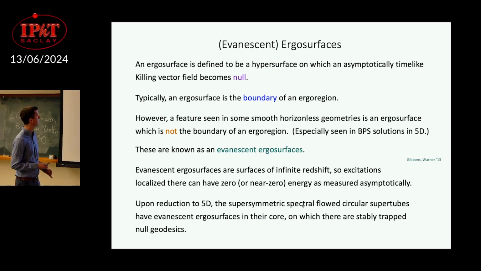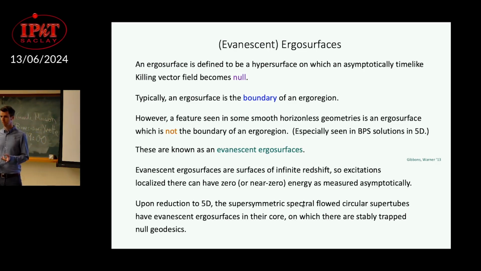However, an important feature of many smooth horizonless microstate geometries is that they have ergo surfaces which are not the boundary of ergo regions. They're just loci deep inside the core of the solutions. This is especially seen in supersymmetric solutions in 5 dimensions. These are known as evanescent ergo surfaces in the sense that there's no finite size ergo region there, but upon some deformation, you may see some finite size ergo region.